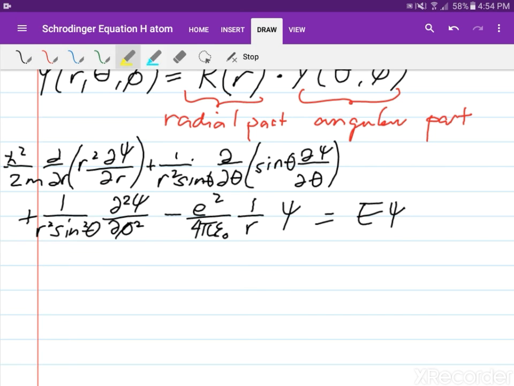Okay, so now we can combine these terms into one psi.